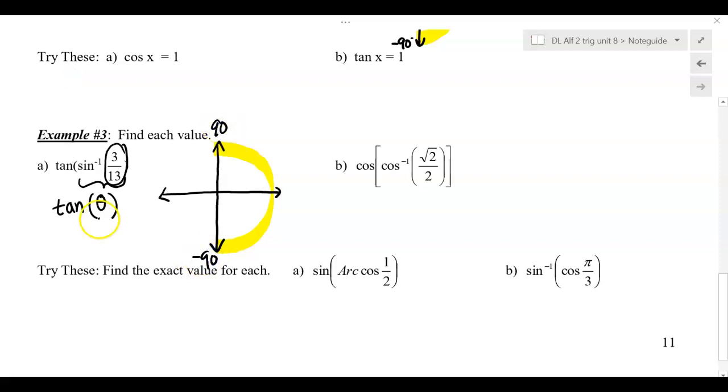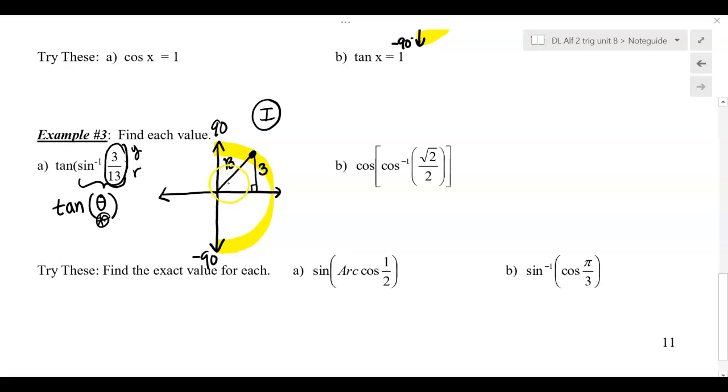That means this angle, even though I don't know what it is, this theta, would have to be some angle in the first quadrant because the sine is positive. And if I'm only looking at this yellow arc that I've drawn, that's the only way that I would have a positive sine value. So it is some triangle here, and if I connect it back to the x-axis, it would look like this. Where sine is 3 over 13, that means I know that the y over the r is 3 over 13.